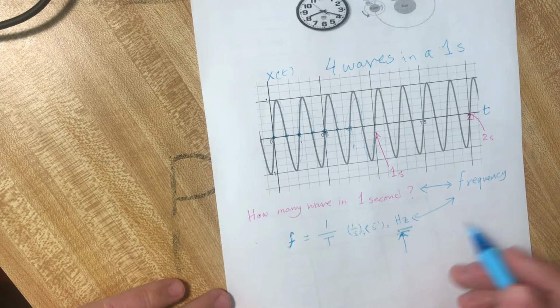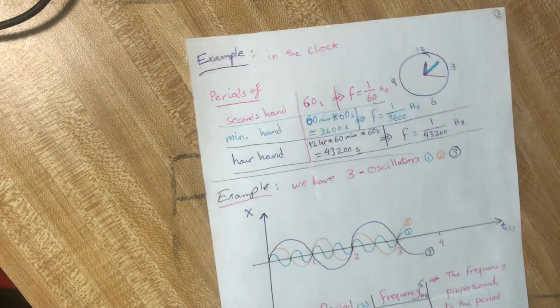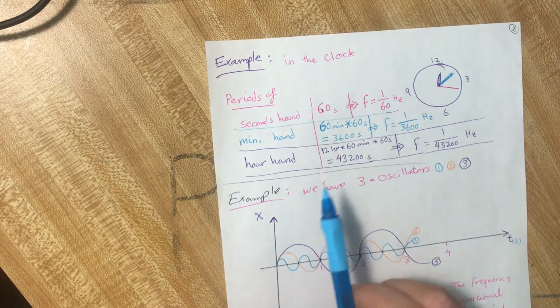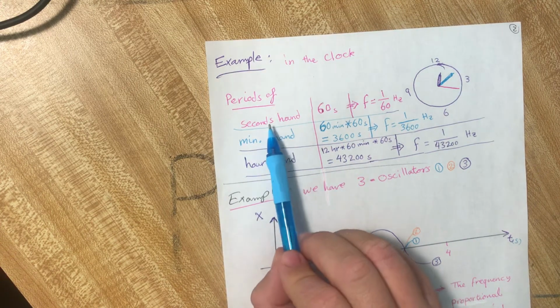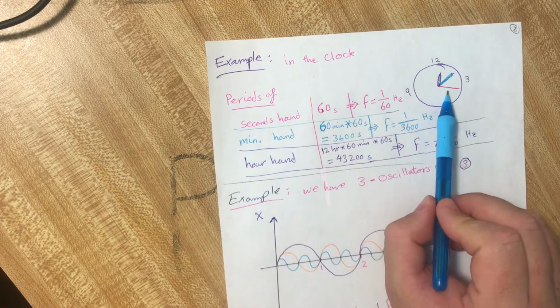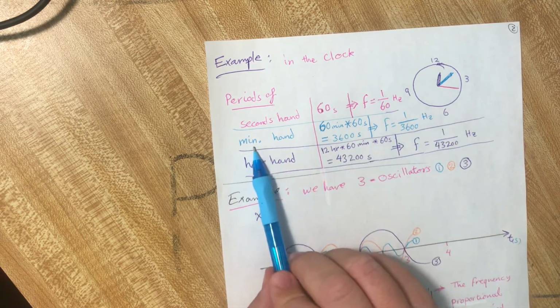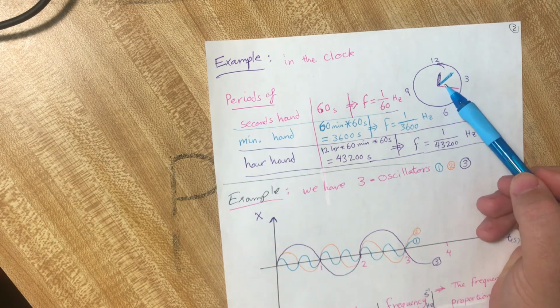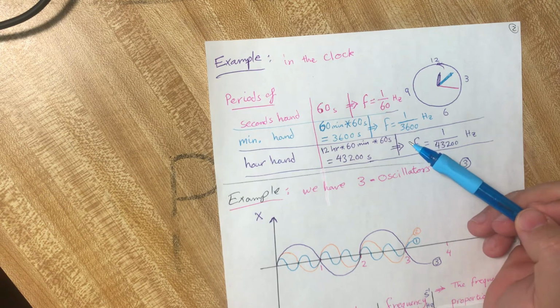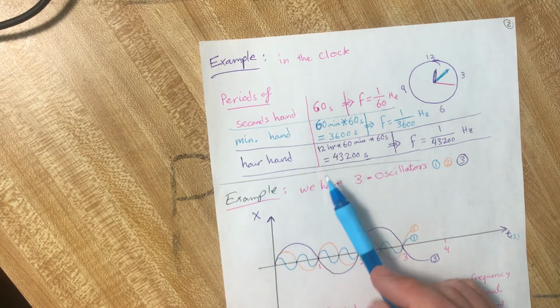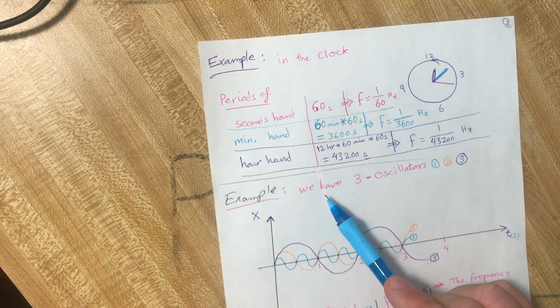Okay? Let us make it easier and solve some examples. In a clock motion, we have 3 hands. We have the second hand, which is in pink color. We have the minutes hand, which is in light blue color, this one. And we have the hours hand, which is in purple.